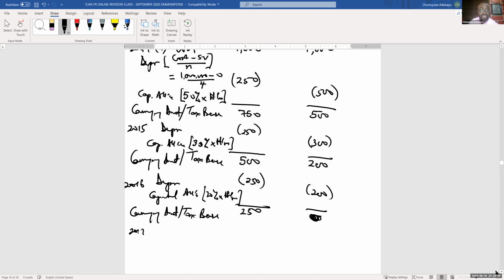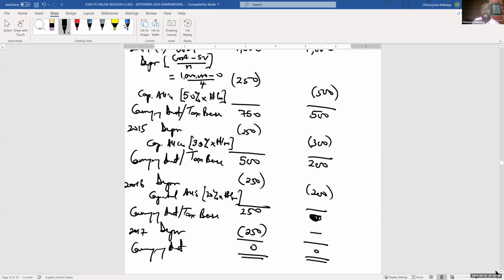Now, in the last year, the asset is fully depreciated with the 250, which shows my carrying amount is equally 0. There's no capital allowance in year 4, because the capital allowance has been fully enjoyed over a period of 3 years, which means this is our position.